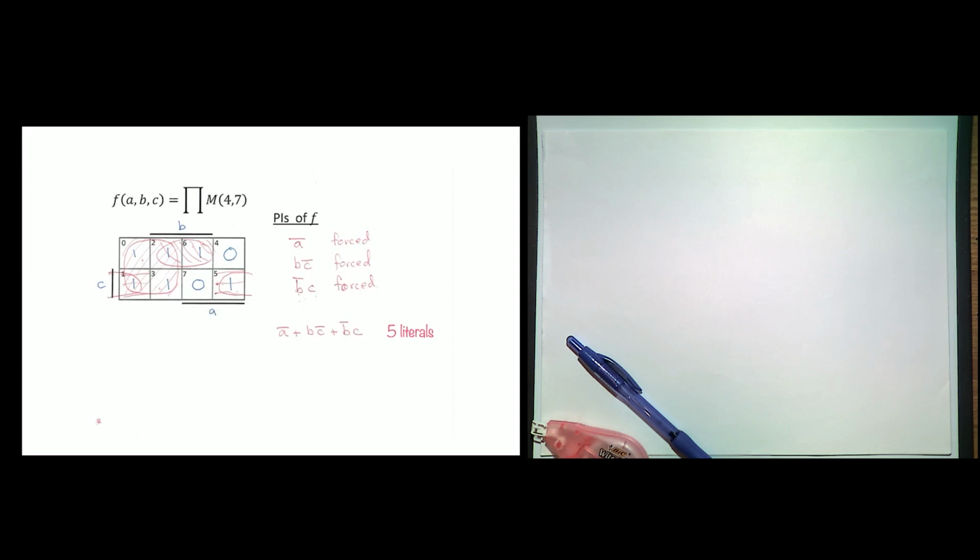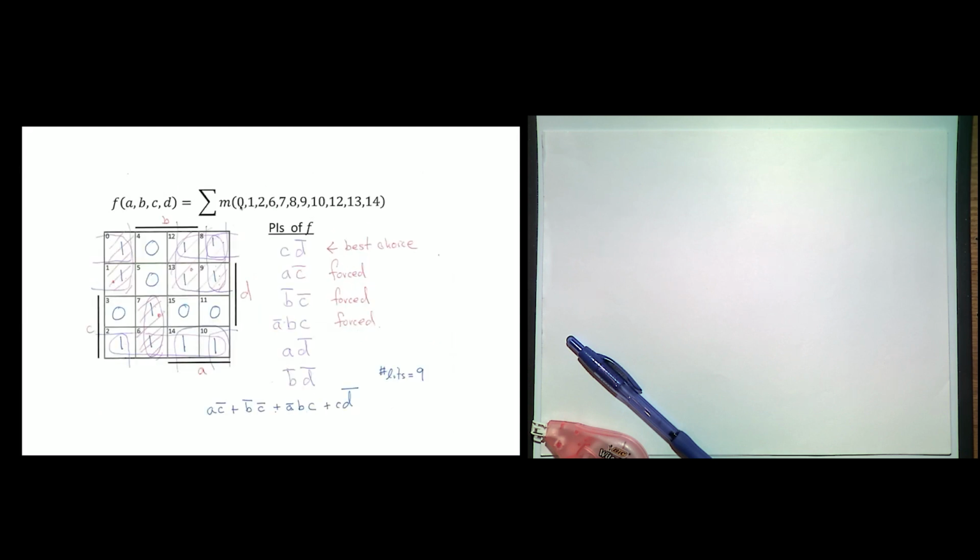Okay, so this one we came up with had 5 literals. They were all forced, so that was pretty easy. Then we did this one where 3 of them were forced. Even one that was a 2x1, even though we had a lot of 2x2s. And then we needed to choose one here, right?